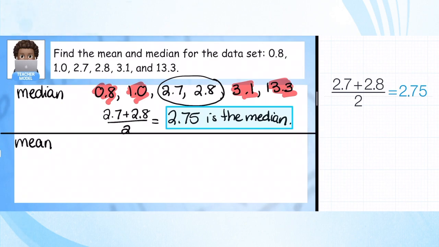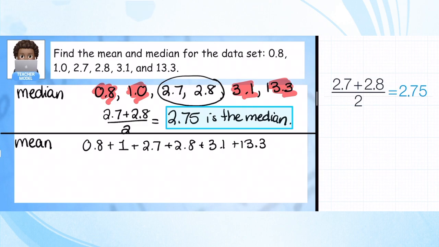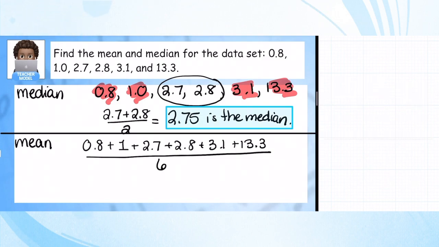Let's find our mean now, and that means I have to add up all these numbers. And I'm going to divide, since I have 1, 2, 3, 4, 5, 6 numbers, by 6. All right, I'm going to add them in sets.